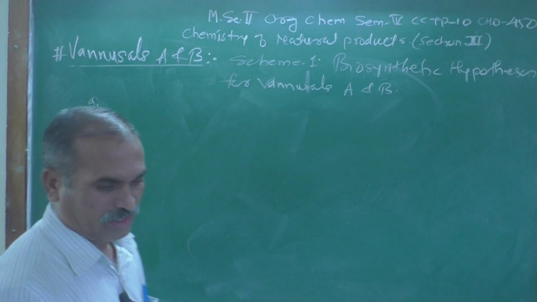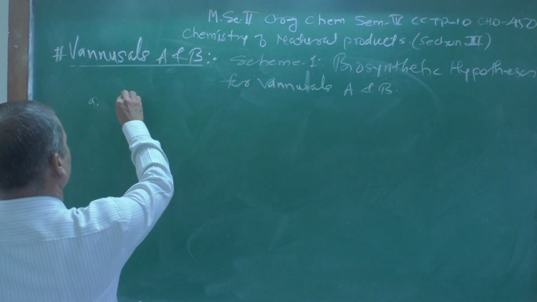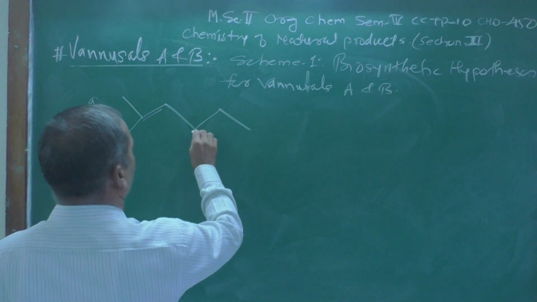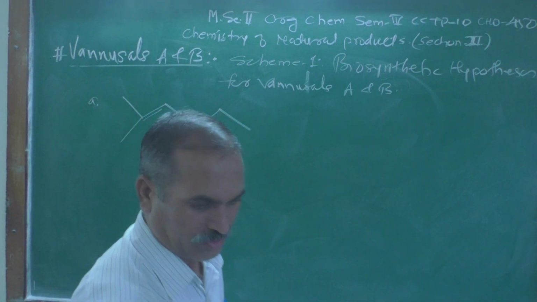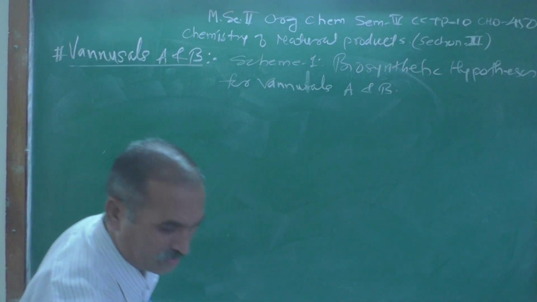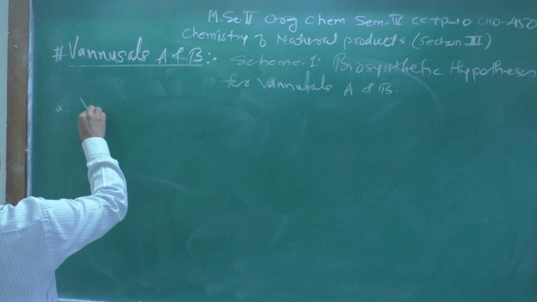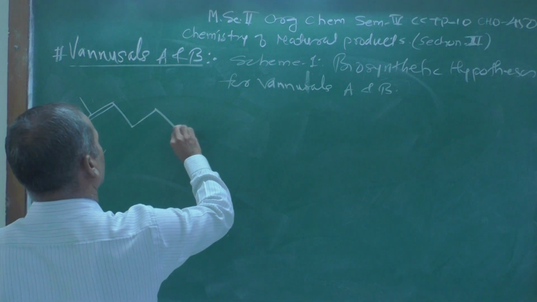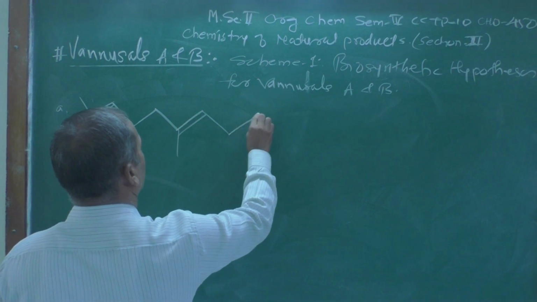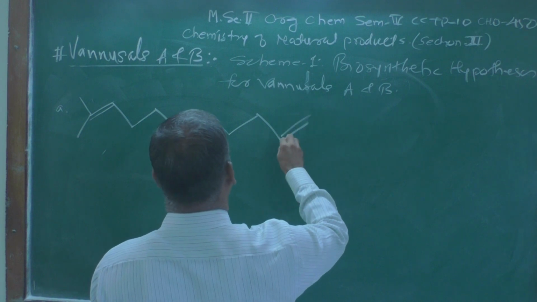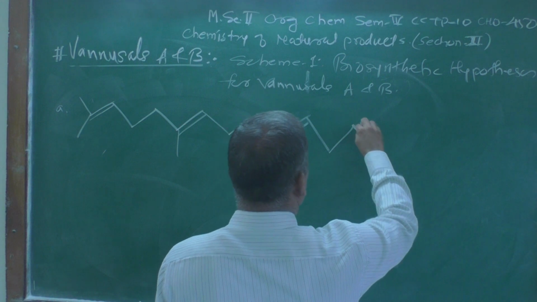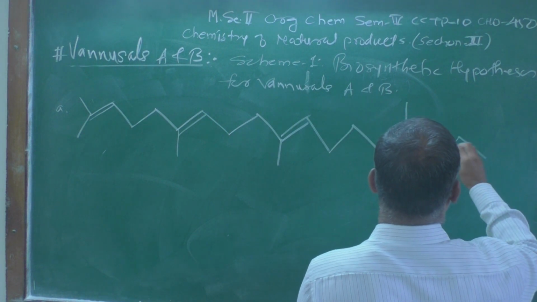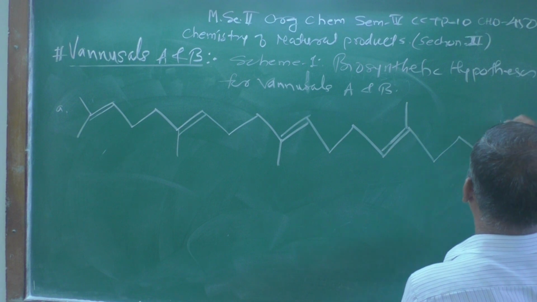Let me draw here the double bond, CH2. Let me draw starting from here, so that we can get a double bond, CH2 CH2, then here is a double bond, CH2 CH2, here is once more a double bond, then CH2, here is a double bond.